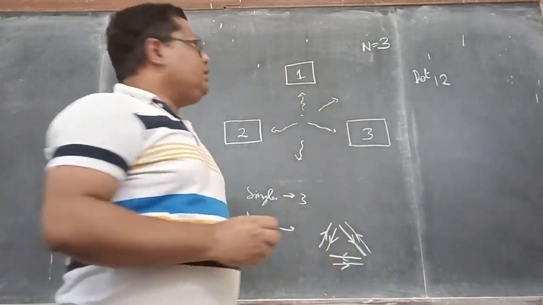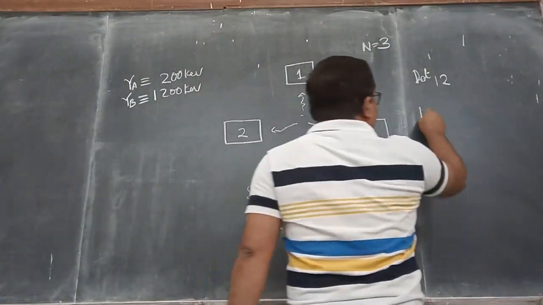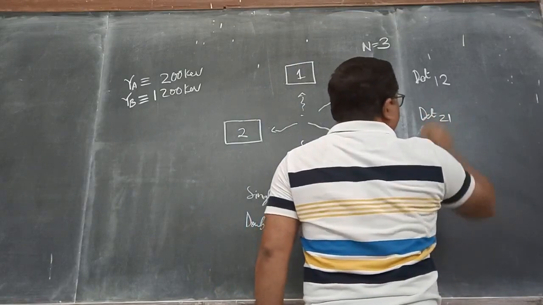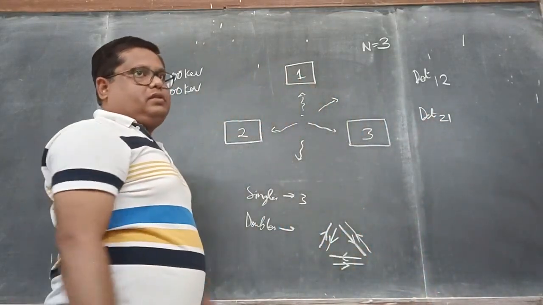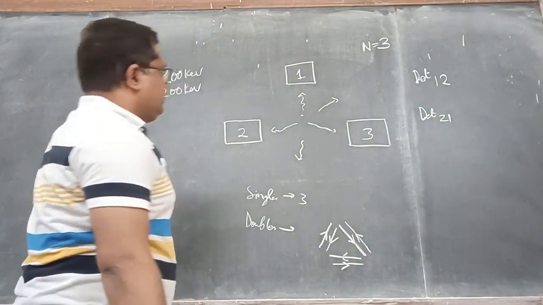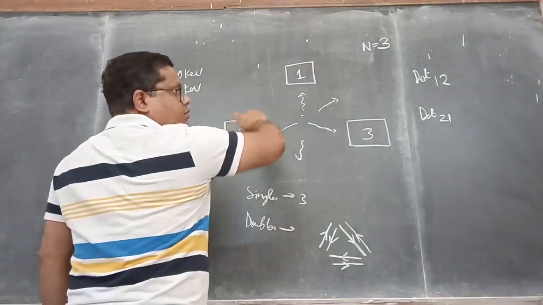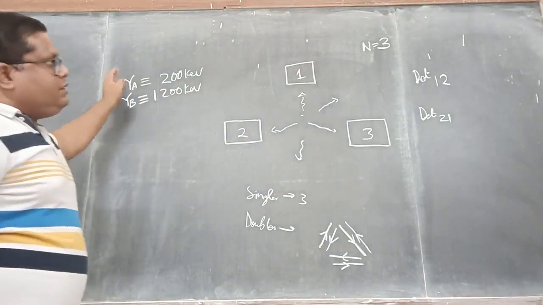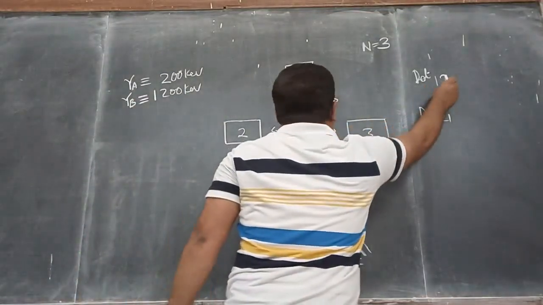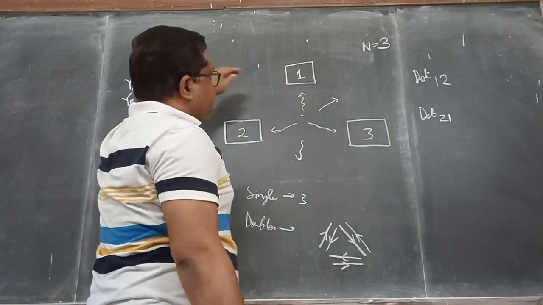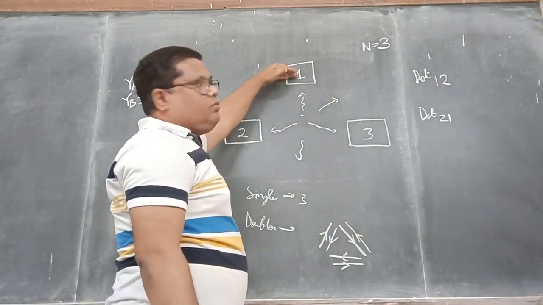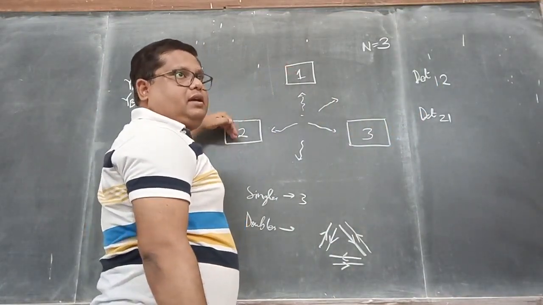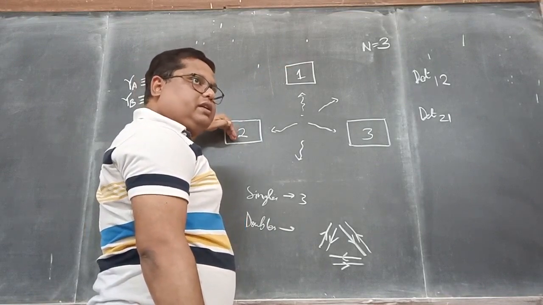And then again detector 2, 1. This configuration, let us try to understand. 1, 2 and 2, 1. Suppose in the first case, 1, 2, the 200 keV gamma ray falls in detector 1 and the 1200 keV in detector 2.